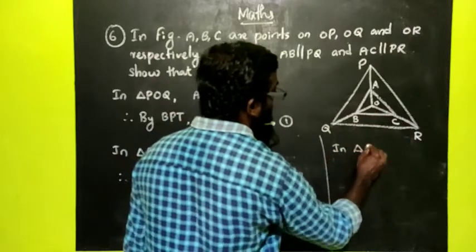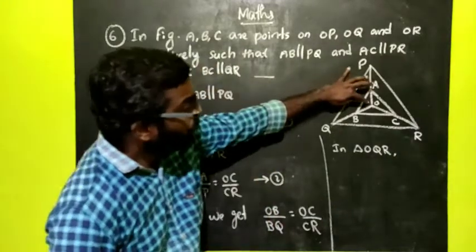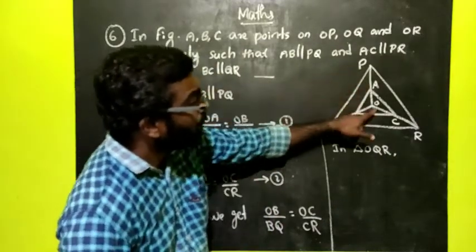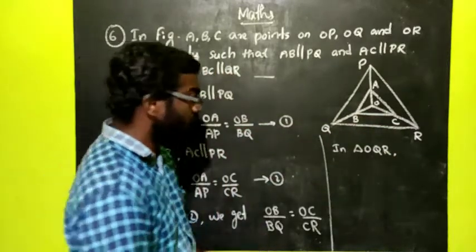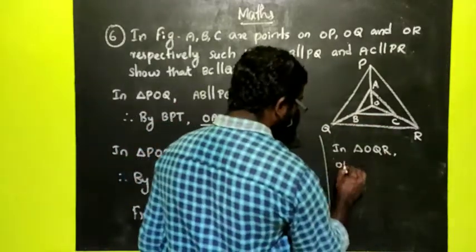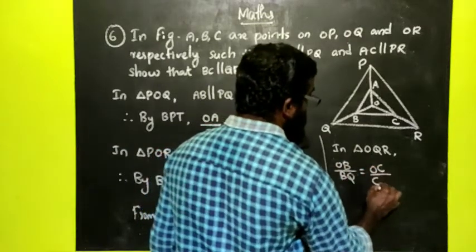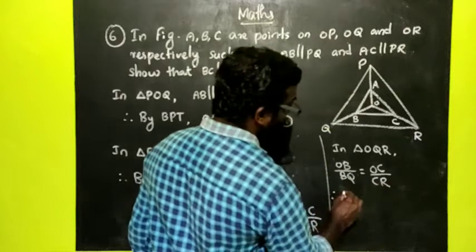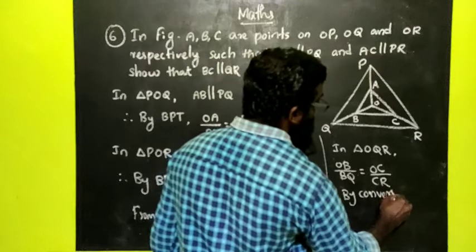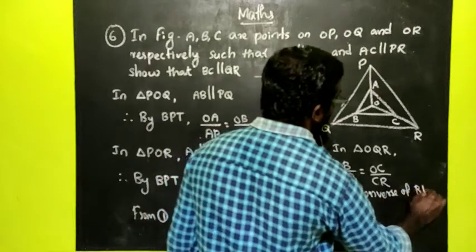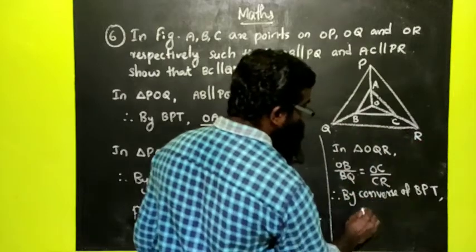In triangle OQR, OB by BQ is equal to OC by CR. We got the ratios are the same. Therefore, by converse of BPT, we can conclude BC is parallel to QR.